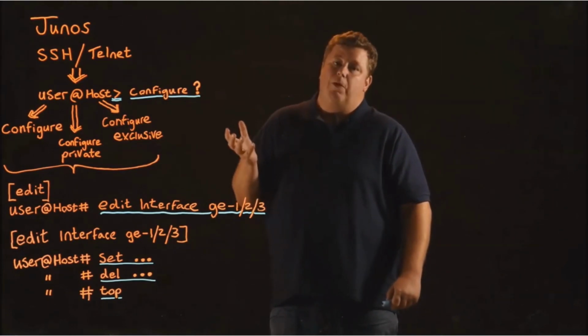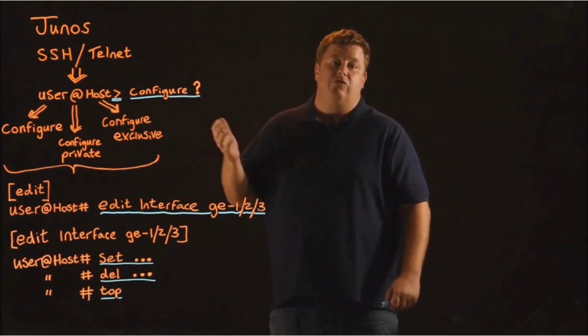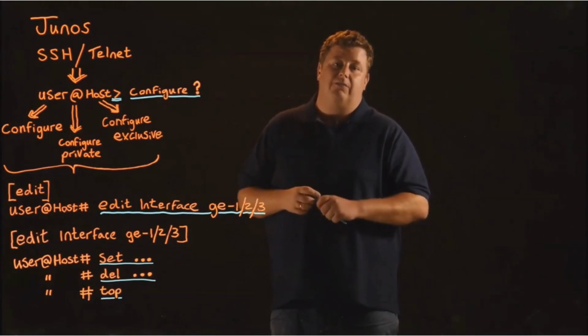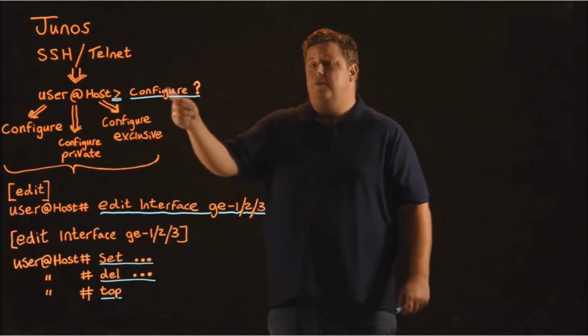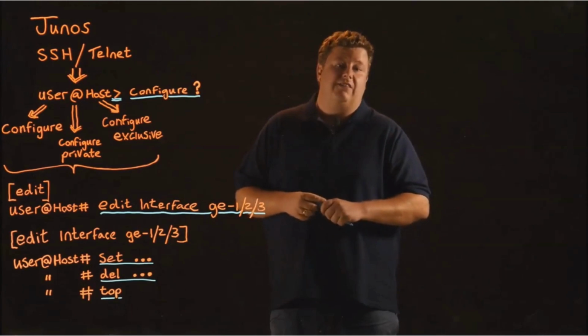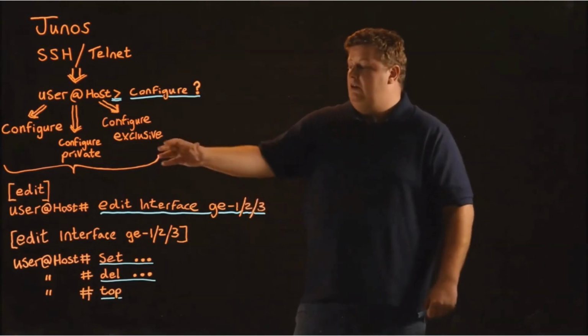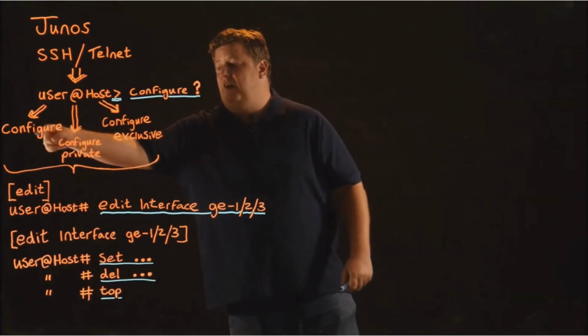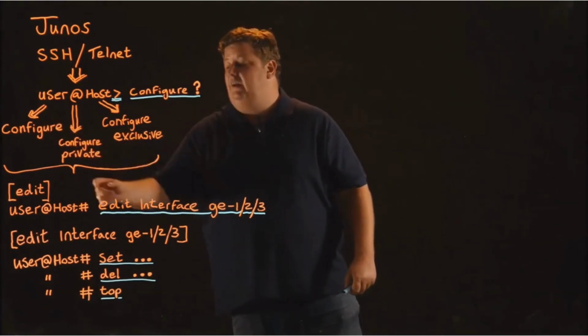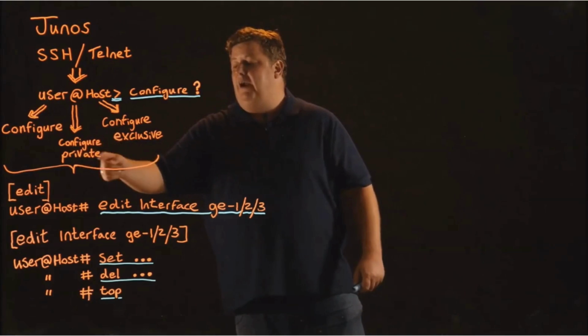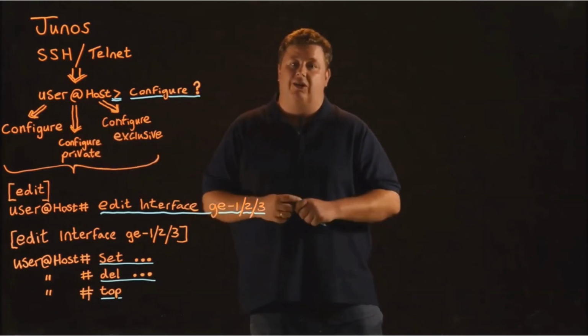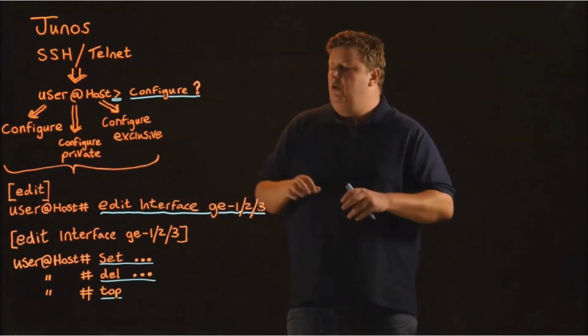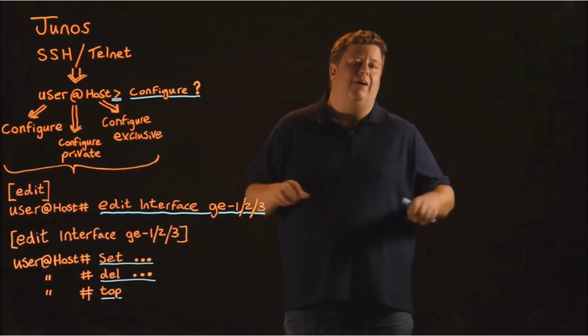But maybe a problem with that is that if another user and another user log into the box at the same time, and each of them type configure, they're going to be sharing that single candidate config file. So just to review, we have three options. We have this standard configure, shared candidate mode if you like, and then maybe our best practice, which I think we should all be trying to ingrain as a habit for ourselves: we're going to prefer to type configure private.